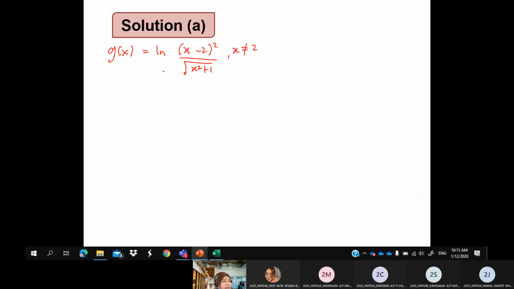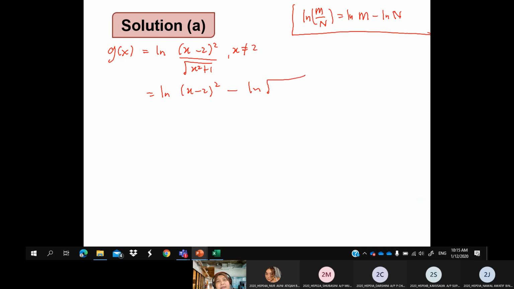Now we apply the second law of log. ln(m over n) can be written as ln m minus ln n. Apply: so it becomes ln (x minus 2) squared minus ln of the cube root of x squared plus 1.